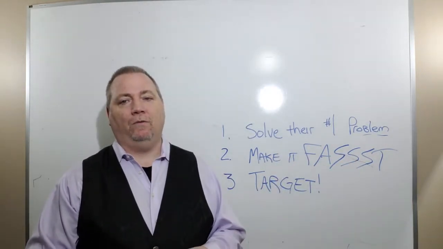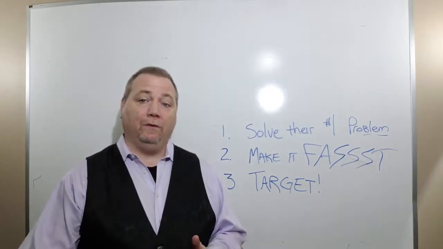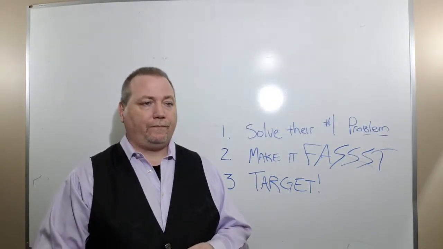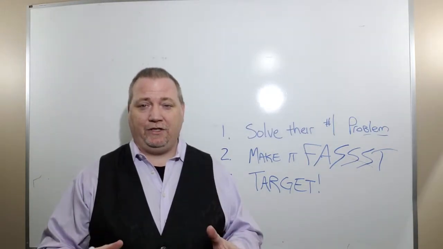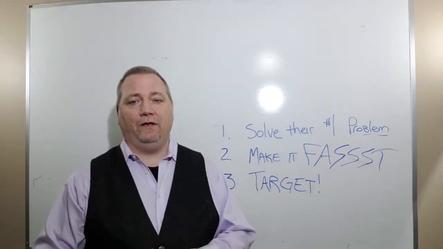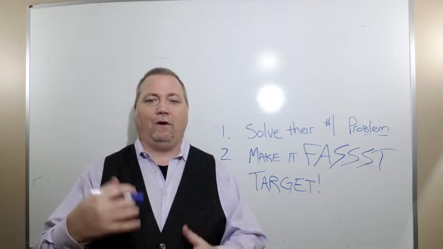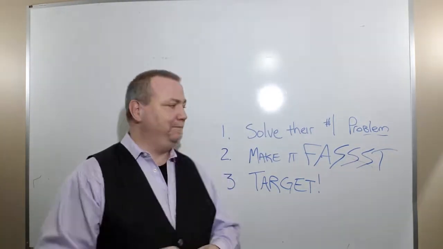So you want to target based on where someone is on their journey in the niche, and you also want to target based on where people are in their journey with you. I'm not going to get into the deep strategy here, but I want to give you an overview so that you can think about this as you're building out your opt-in.